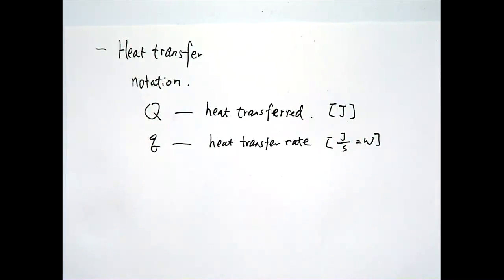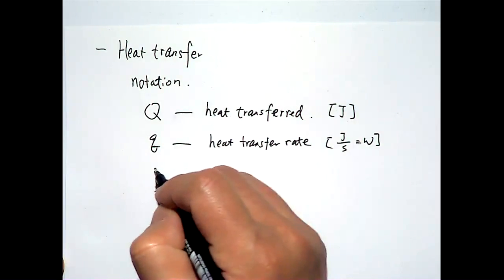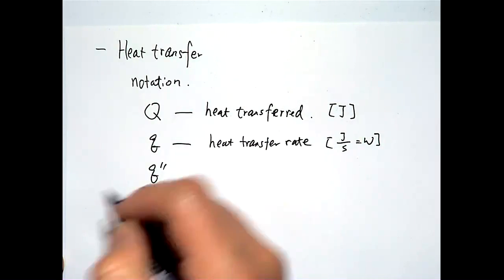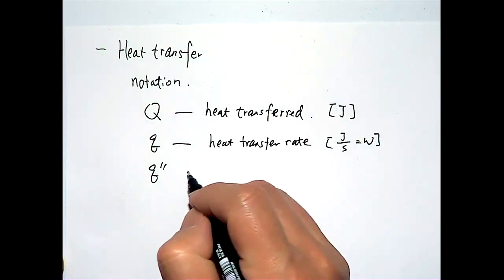Right? We said that heat transfer is mainly about how fast the heat is being transferred, or the rate at which it is being transferred. Sometimes we want the rate to be faster, sometimes slower, for different purposes and different cases. And a term we use more often is a q with a double prime.